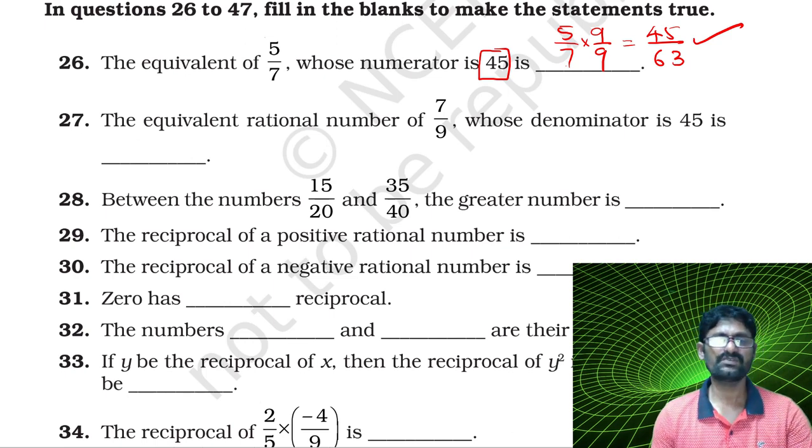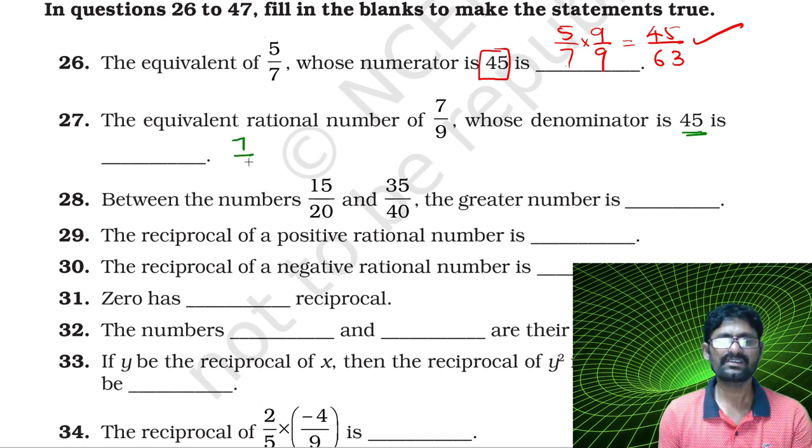Next let us go to the 27th problem. The equivalent rational number of 7 by 9 whose denominator is 45. We need to get the denominator equal to 45, and here the denominator is 9.